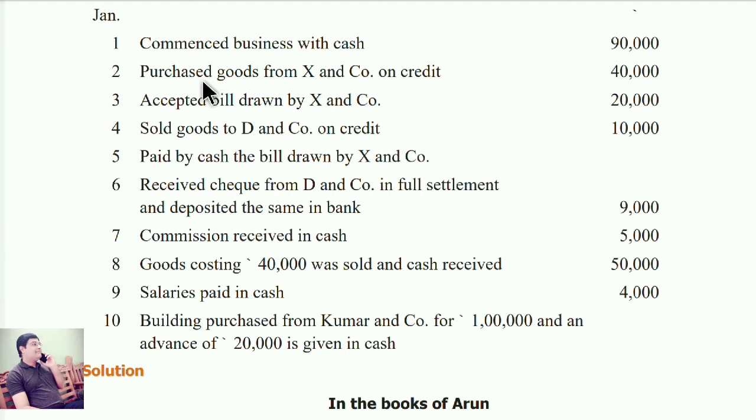Purchase is a nominal account, so debit all expenses and losses. When we purchase something, that is an expense for the business, so it is debited. X and company is a personal account, so debit the receiver, credit the giver. X and company is the giver, so it is credited.